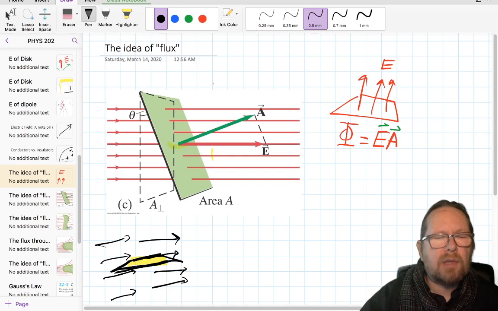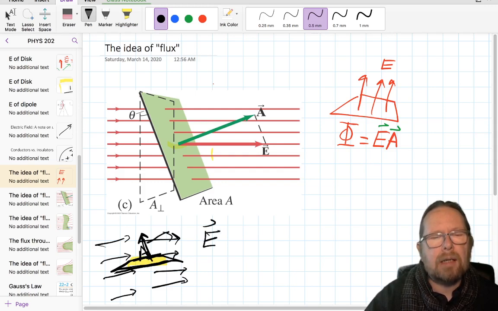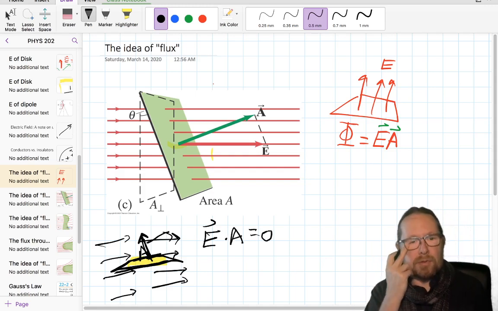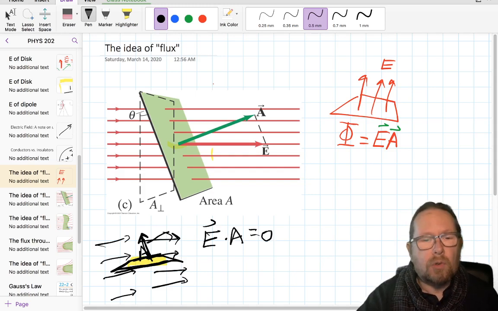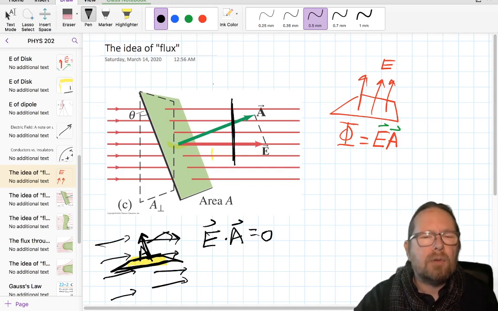You can almost think of the electric field lines as being like flowing water and the areas being like a net. Because the surface normal of the surface points that way and the electric field points that way, E dot A is equal to 0, because the electric field and the normal to the surface are perpendicular to one another. So there's the maximum flux when the electric field goes through the surface like that. There's a minimum flux when the electric field goes through the surface like that.